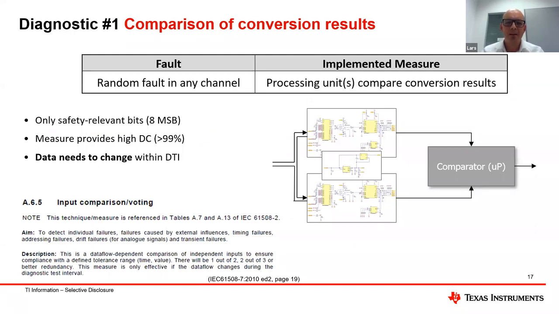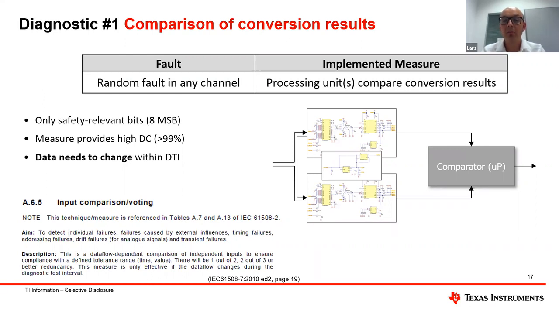The default is a random fault in any channel. If there is a random fault in any channel, we may figure that out with our comparison in the comparator or the microcontroller or microprocessor. So at the end, we get our output codes from the channels, feed them to the controller processors, and they compare.